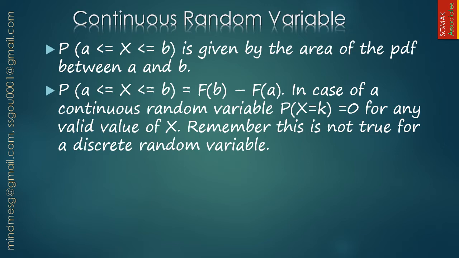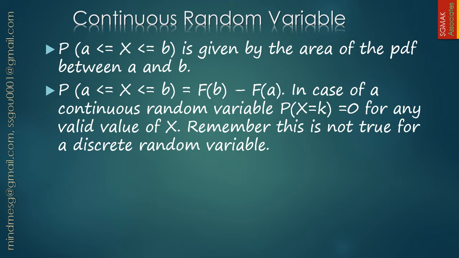Now, here's an important point to note. In the case of a continuous random variable, if you want to find the probability that it takes a specific value, as shown here, probability x takes a value k, that probability is always treated as equal to 0 for any value of x.